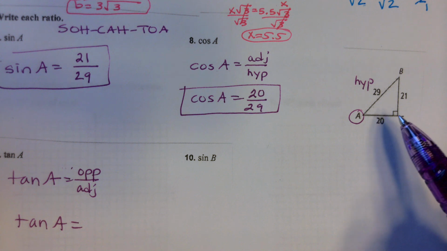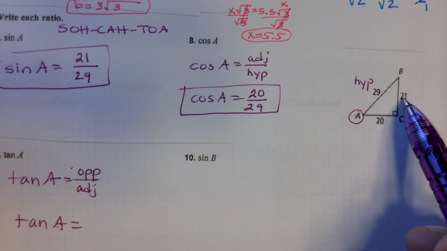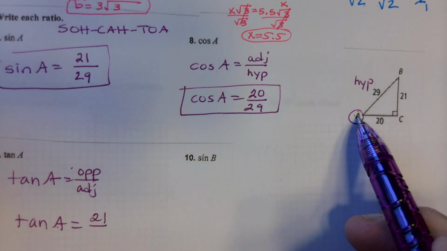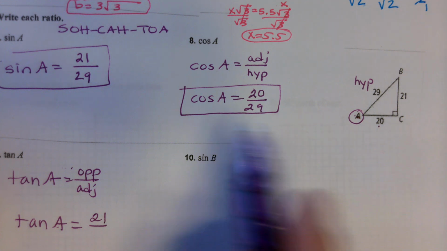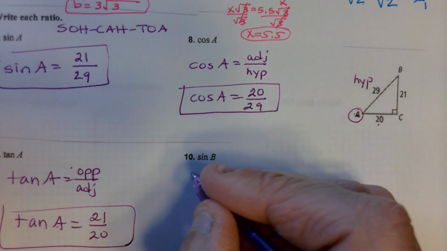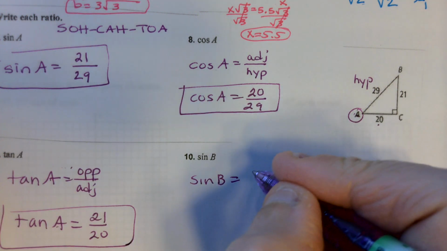So if we go over here, again, which angle? Make sure A, and then opposite is 21. Again, adjacent is the one that touches the angle but is not the hypotenuse. It's 20. And sine of B equals, sine is opposite over hypotenuse.